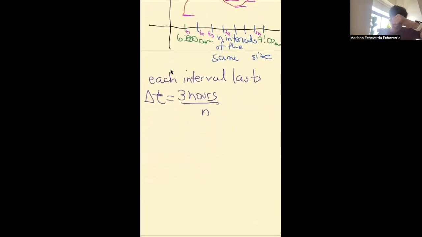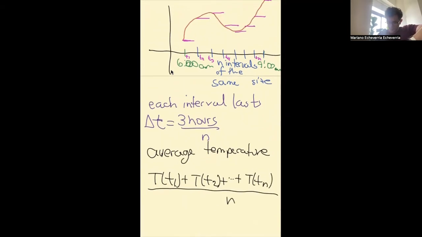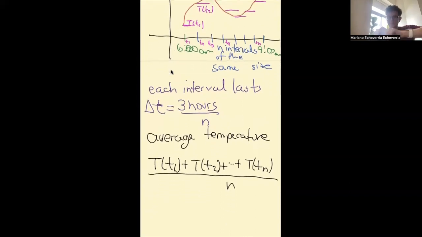And so now you're saying that the average temperature should be the temperature at time T1, plus the temperature at time T2, plus the temperature up to time Tn, divided by n. So it's the same as what we were doing before. I'm just taking an average of the temperatures, but now there are n temperatures to think about, right? And different values for the temperature. Is that making sense?